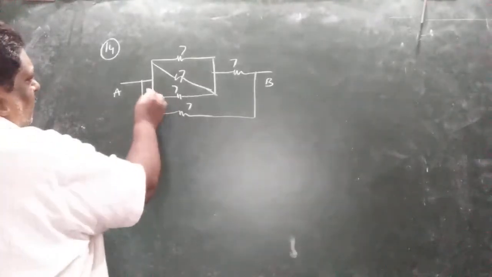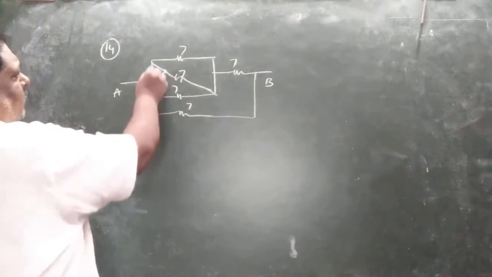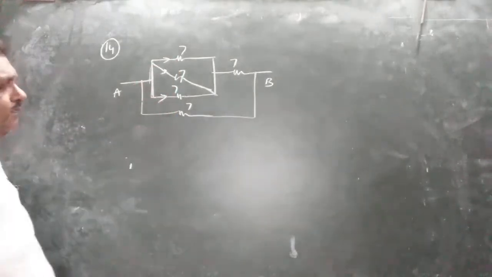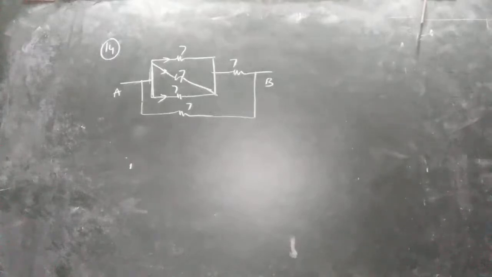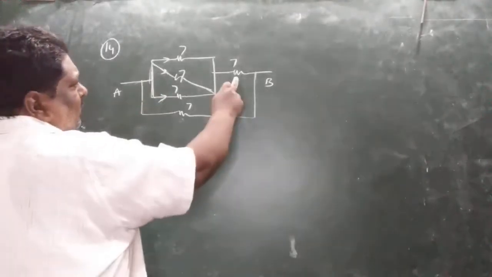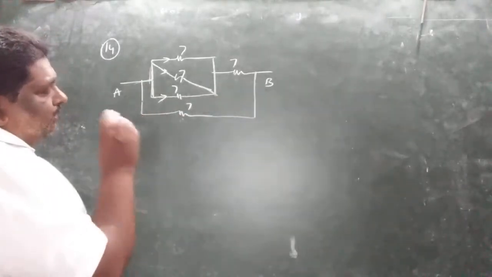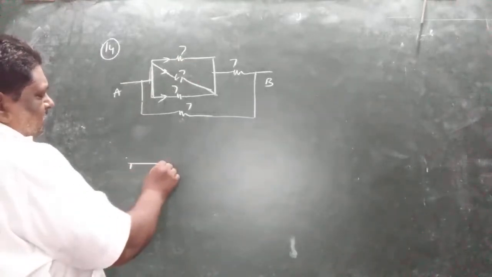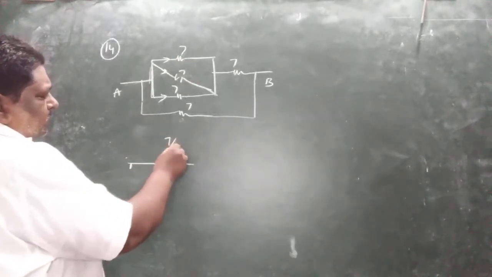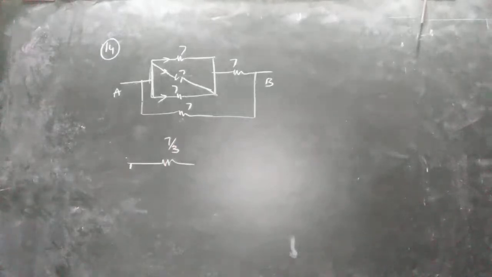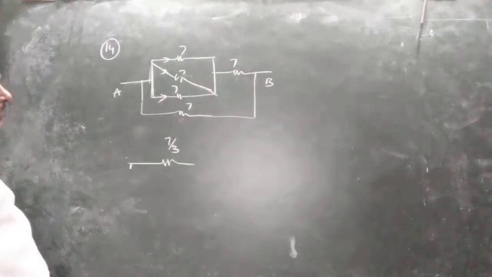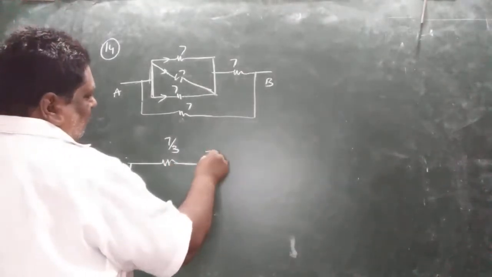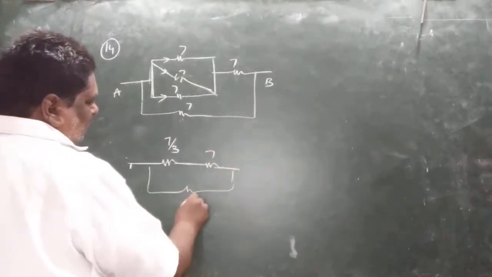See here, current goes here 1 R, here 1 R, here 1 R. All are in parallel. Of course the third is also parallel, but here an extra one is present, that's why by a simple circuit we selected. 7, 7, 7 are in parallel, the equivalent is 7 by 3. 2 in parallel, 7 by 2. 3 in parallel, 7 by 3. 4 in parallel, 7 by 4. Like this. It is 7, here 7.